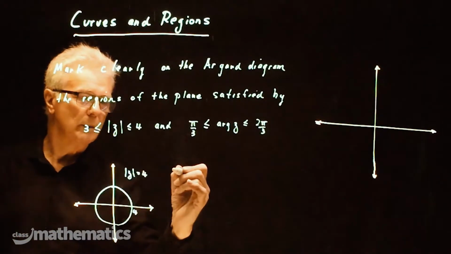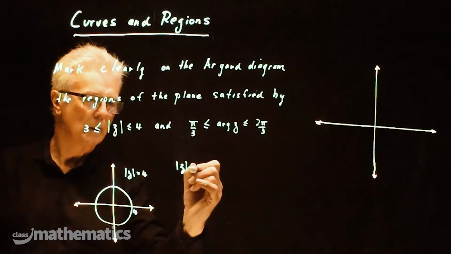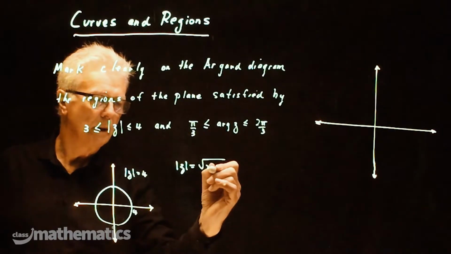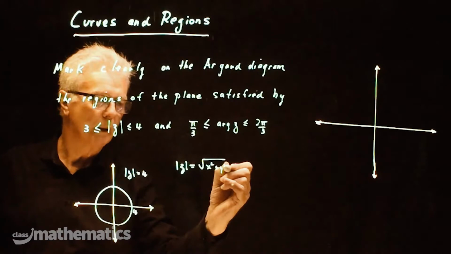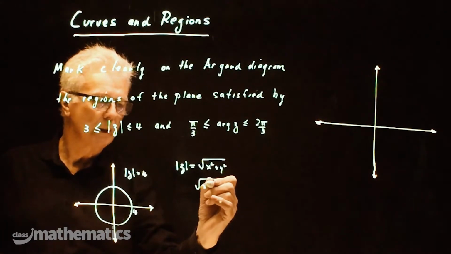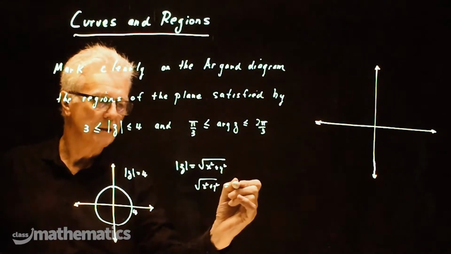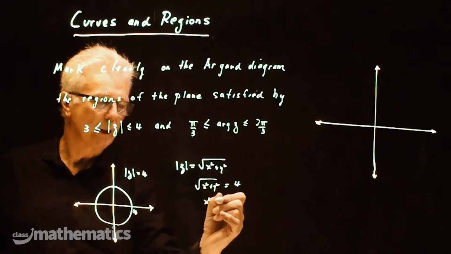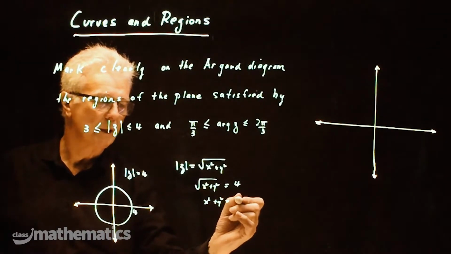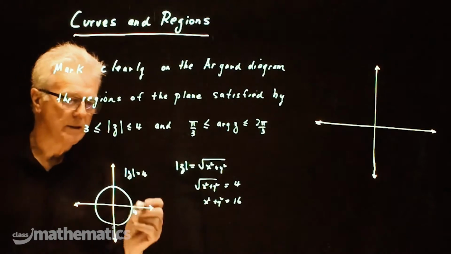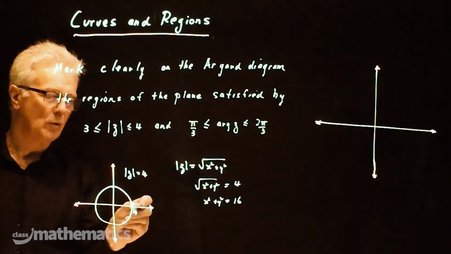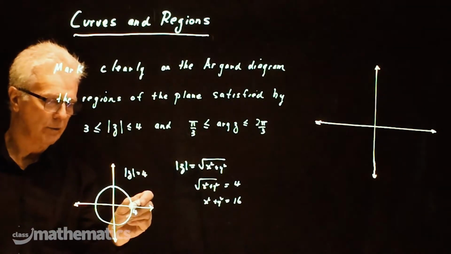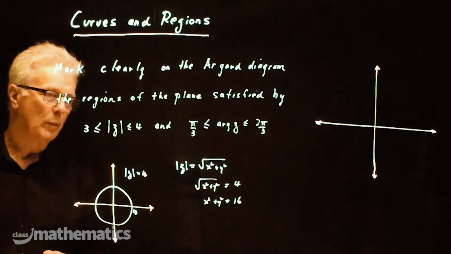We know that the modulus of z is equal to the square root of x squared plus y squared. So the square root of x squared plus y squared is equal to 4, so x squared plus y squared equals 16. So this is a circle of radius 4, not radius 2. Okay, just to clear that little point up.